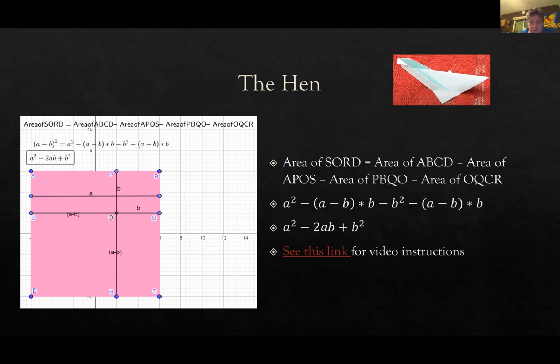And I too share a link here for how to understand the connections between the fold, and once you unfold the hen, what it looks like and how you calculate the FOIL.